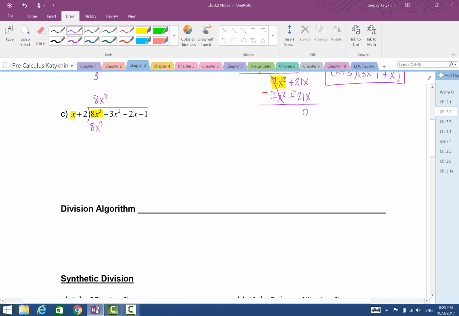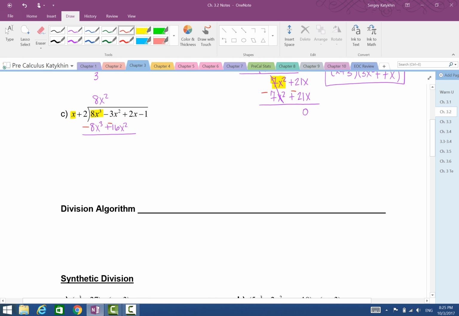Remember, now I'm going to multiply 2 by 8x squared. When I do that, I get positive 16x squared. From here, I'm going to subtract my values. So let's make this negative and make that negative as well.